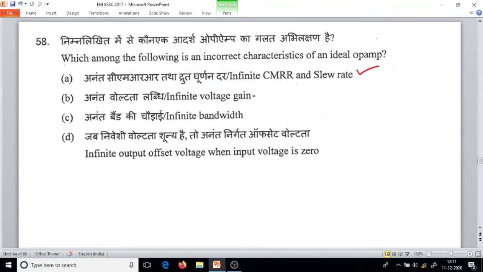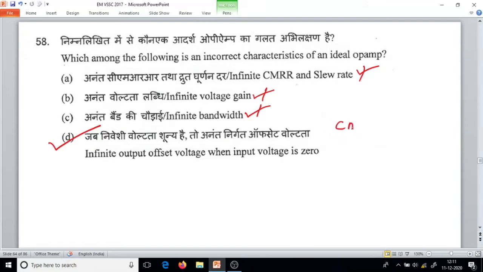Infinite voltage gain also, and infinite bandwidth also expected. But option D, infinite output offset voltage when input voltage is zero, is not an ideal characteristic of an op amp. So the answer is option D.